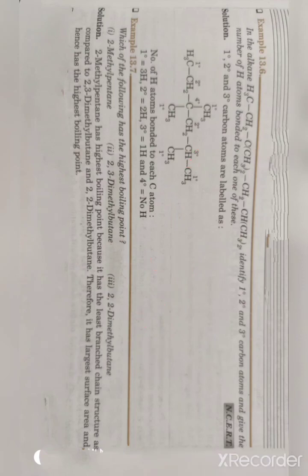And what about the 4-degree? Here there is only one 4-degree carbon, that is this one. 4-degree carbon means it is attached to 4 other carbons. Here carbon is tetravalent and this carbon is attached to 4 other carbons, so that means it does not have any hydrogen.